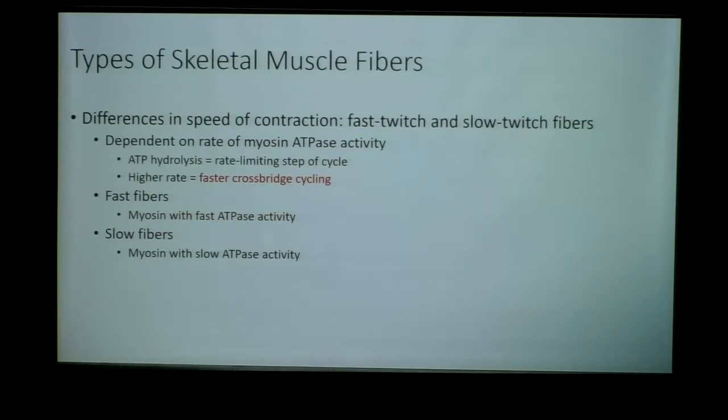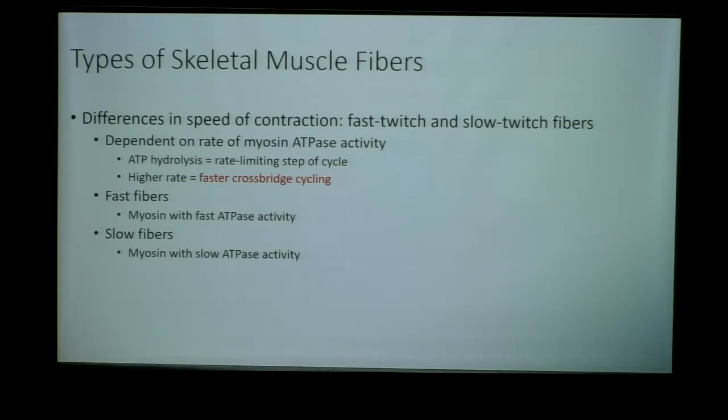Okay, so let's speak about how we get these two different speed types. Depending on the rate of myosin ATPase activity in that myosin head, we can have a fast fiber versus a slow fiber. If ATP hydrolysis happens really quickly, this is sort of the rate limiting step of determining how fast that myosin head is going to be. So it can have a fast rate of ATPase activity, that's going to make it a fast fiber, or it can have a slow rate of ATPase activity, that's going to make it a slow fiber.